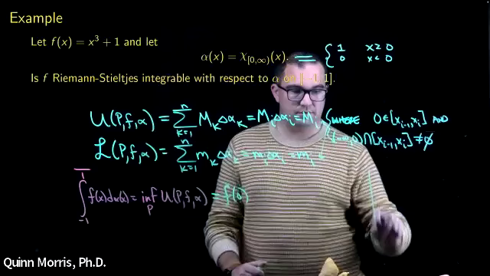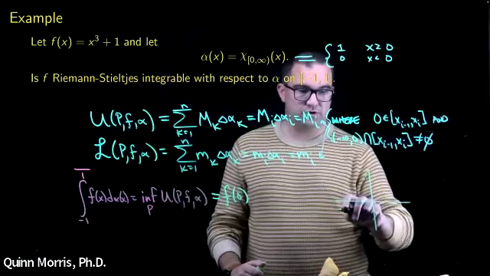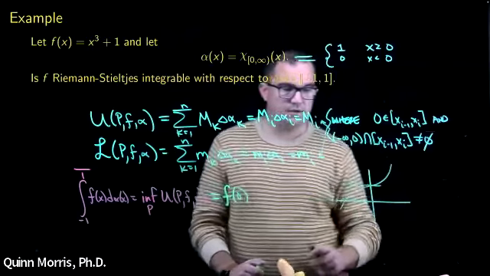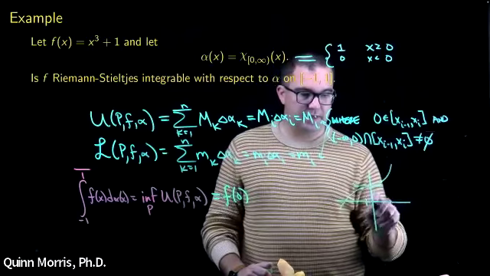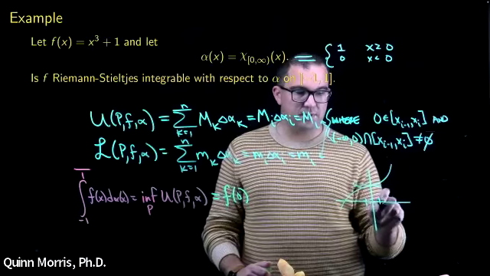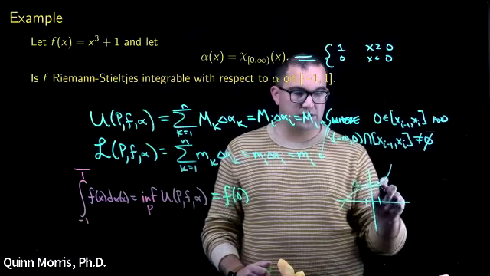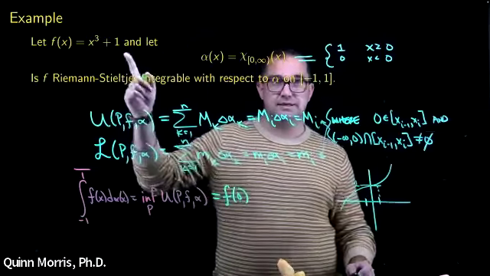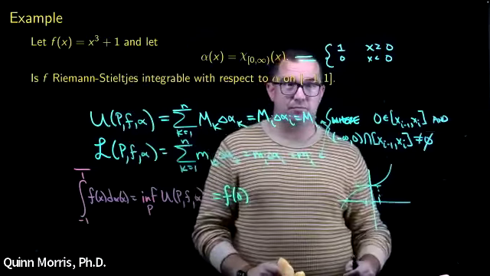So again, visually, what's happening here: I have this function, my function looks like this. Here's 1. And I'm looking at maximum values of this function over some little interval. Since this function f is actually increasing, the maximum just occurs at the right-hand endpoint.